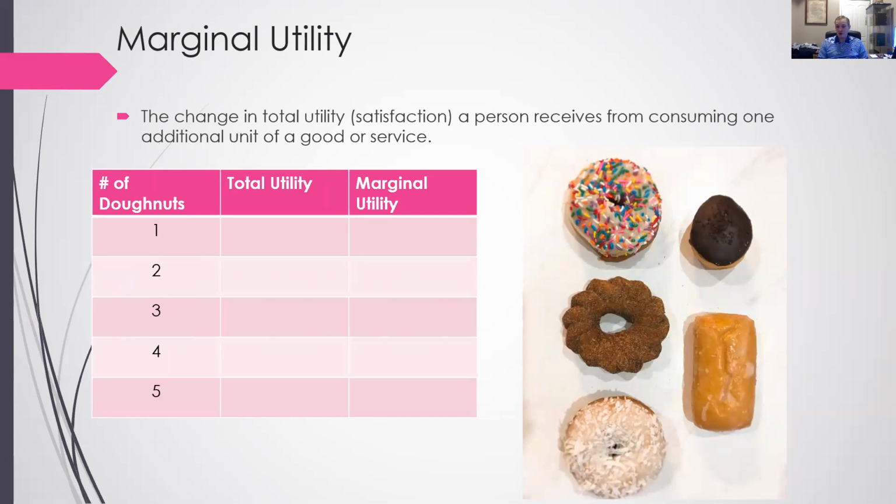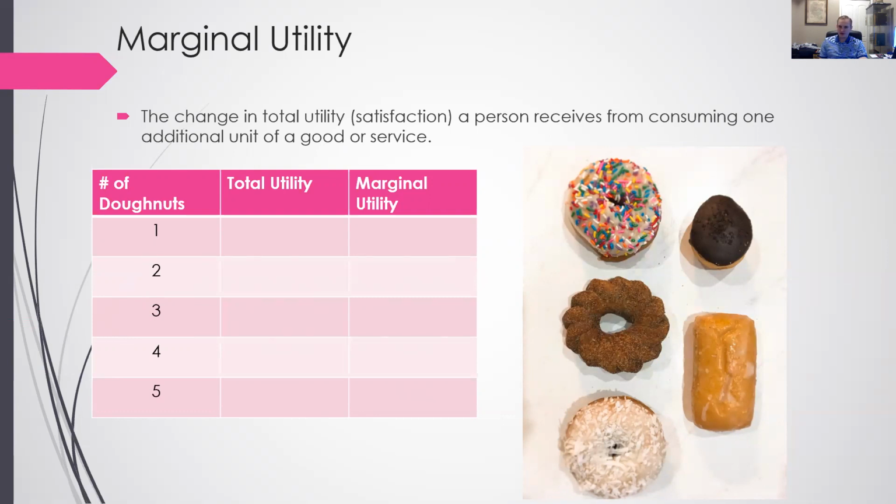Me as a consumer, I am making my decision to eat another donut based on the utility that I'm going to receive from consuming an additional donut. So my decision is based on the level of utility I receive from that next donut.